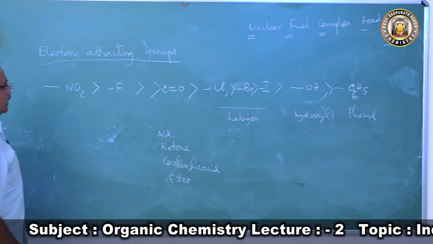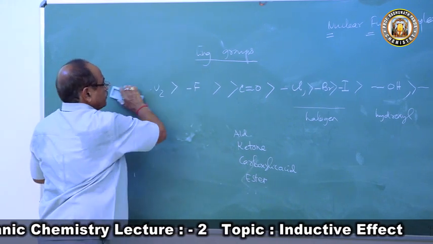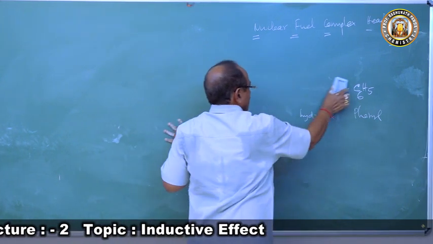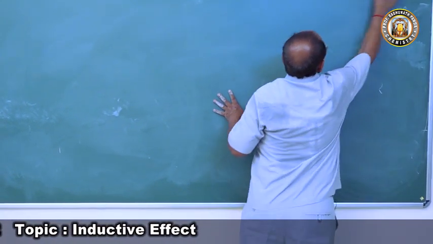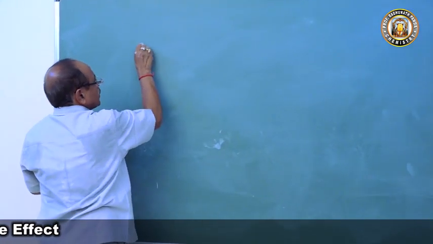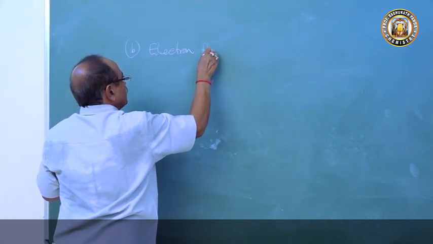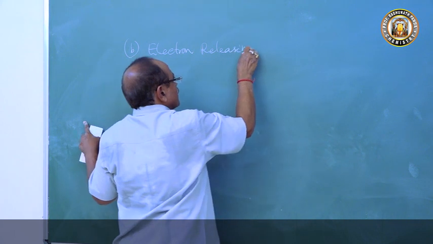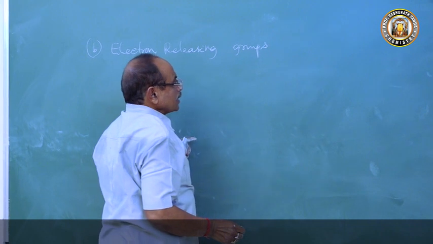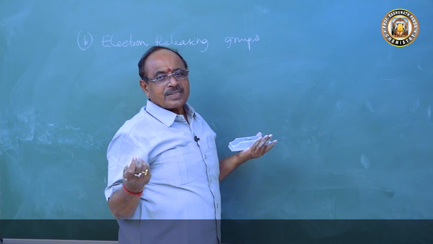Then comes the electron releasing groups. Which groups are electron releasing groups? These electron attracting groups cause the minus I effect, and then come the electron releasing groups. Who are they? 3 degree, 2 degree, 1 degree, 0 degree.